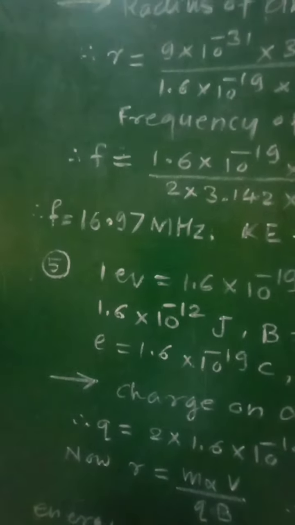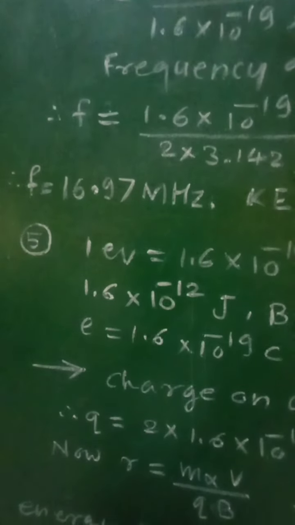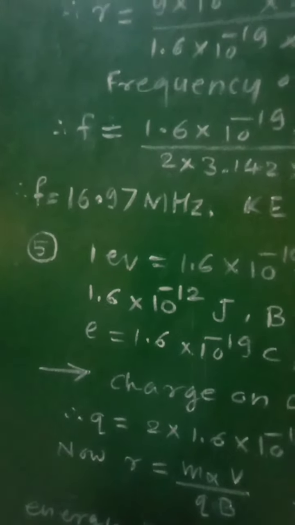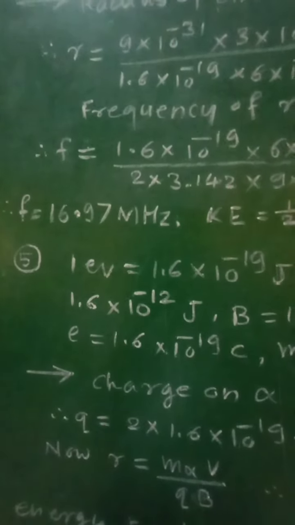It passes through a uniform magnetic field of 1.88 Tesla and then traces a circular path of radius 24.6 centimeter. Obtain the mass of the alpha particle, if 1 electron volt is equal to 1.6 into 10 raised to minus 19 joule and charge on electron is 1.6 into 10 raised to minus 19 coulomb.